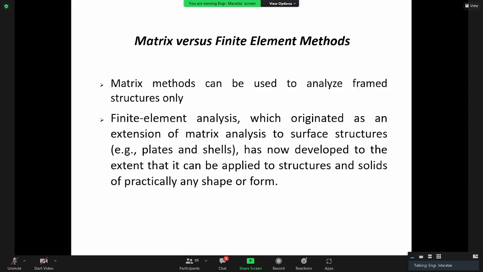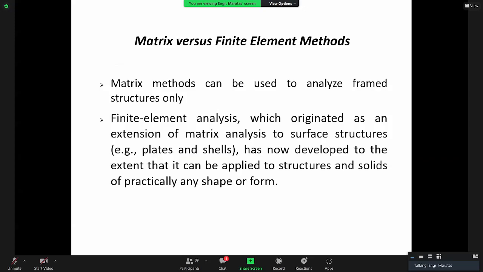So finite element analysis, or FEA or FEM, finite element method, which actually originated as an extension of matrix analysis to surface structures, those plates and shells, has now developed to the extent that it can be applied to structures and solids of practically any shape or form.